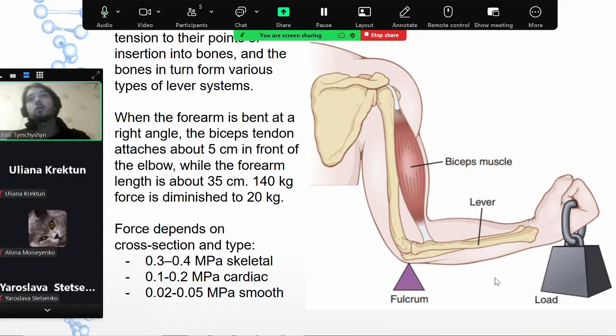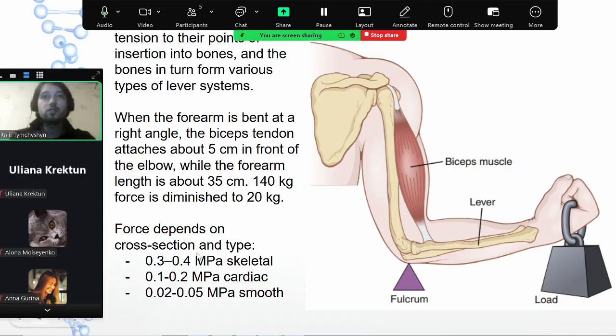Moreover, you will find out at which angles it is easier to hold a load, and at which angles it is more complicated. Here are a few more numbers for you. The strength of the muscle depends on the cross section, and here you see for the skeletal muscle 0.3 to 0.4 megapascal.